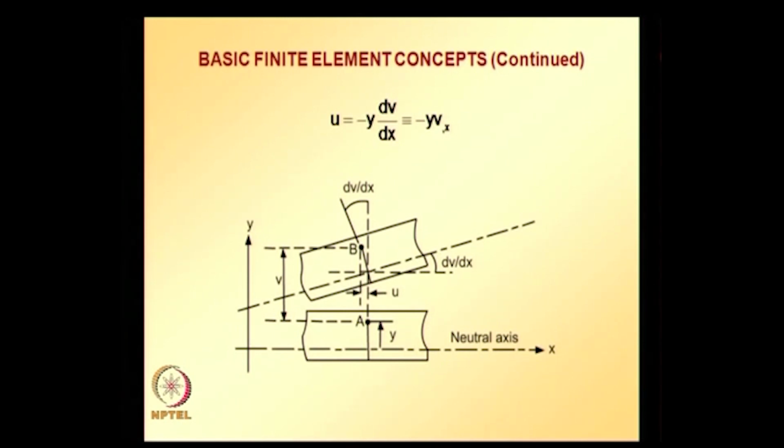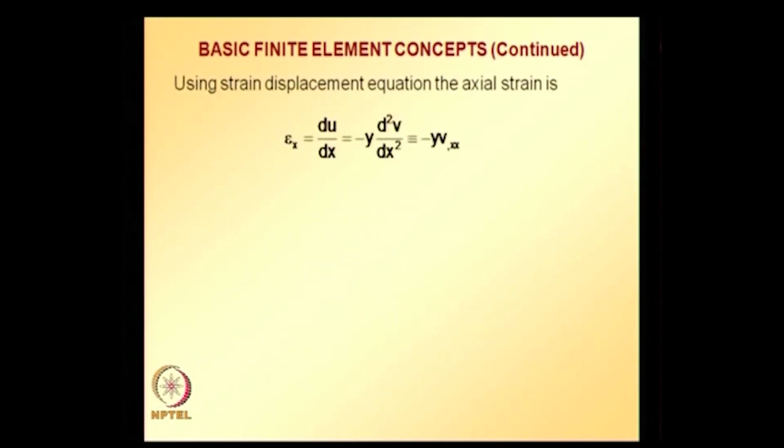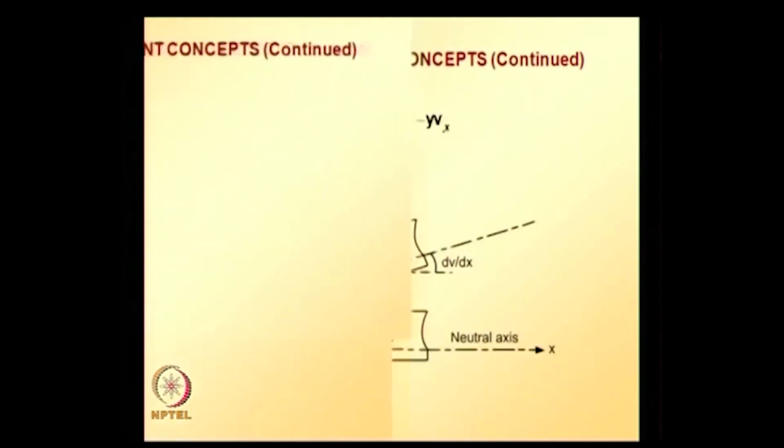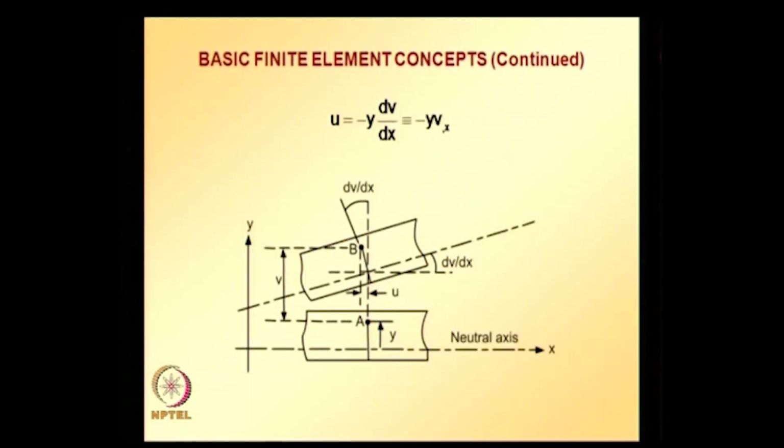So the u component of displacement of point A is given by u equal to minus y dv/dx. The minus is because it moved in the direction opposite to the positive x direction.